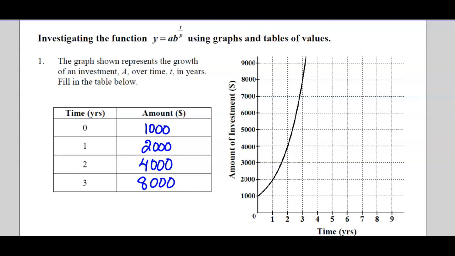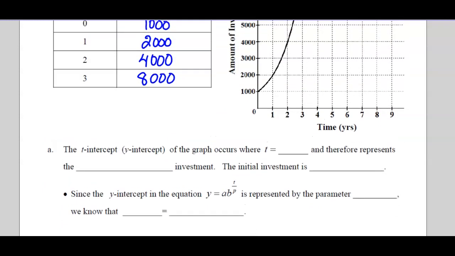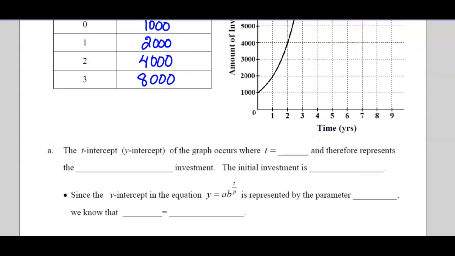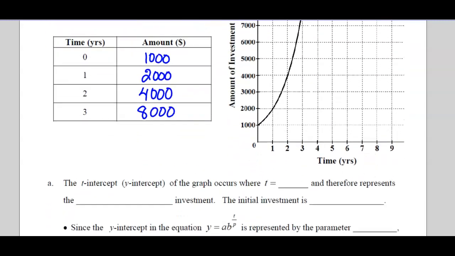So it's a growth as opposed to a decay, and it's actually a case where we call it doubling time is 1 year. The length of time it takes for the investment to double. So the t-intercept, actually, that should be the a-intercept.